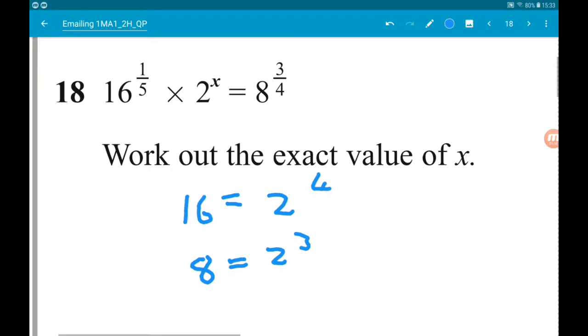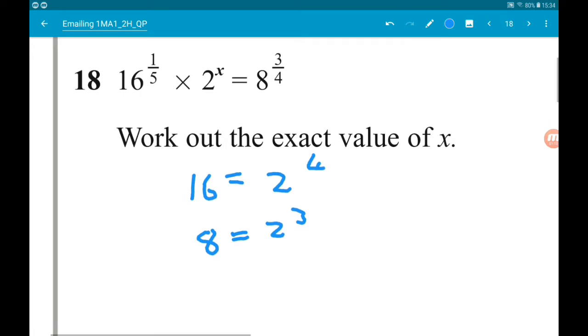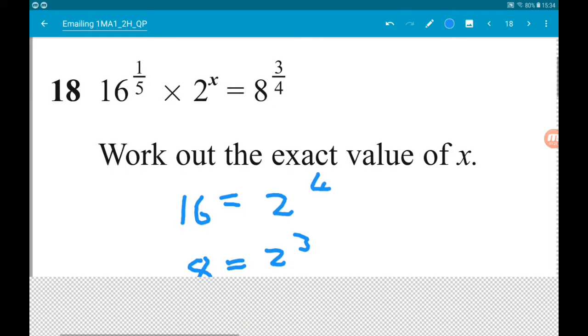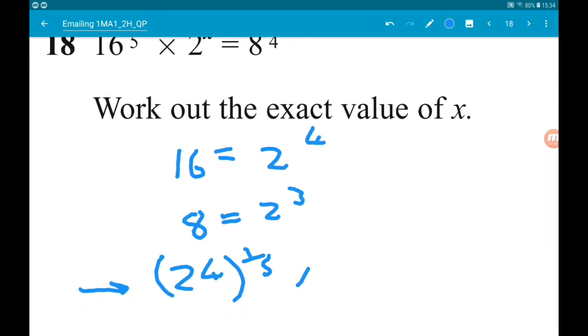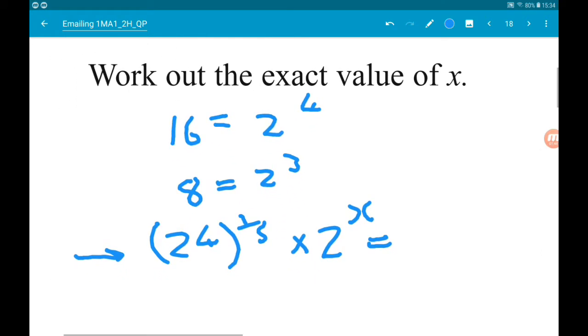So we can rewrite this as 2 to the power 4, to the power of a fifth, times 2 to the x, is equal to 2 to the power 3, to the 3 quarters.